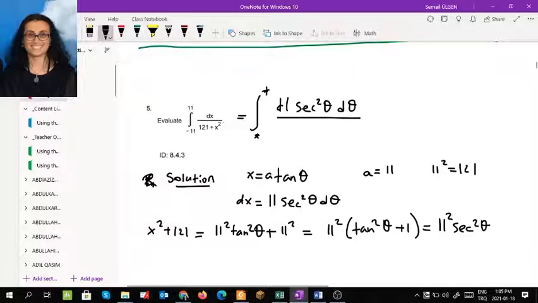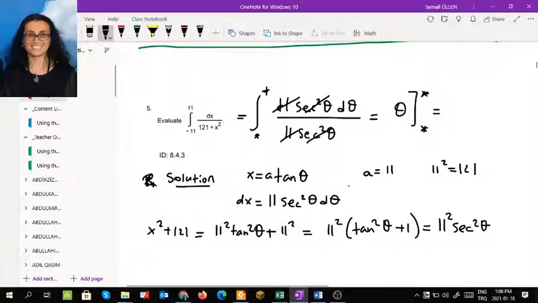Okay, so I go up here and I write 11 secant squared theta. They cancel, and I have d theta. Okay, the antiderivative is theta.